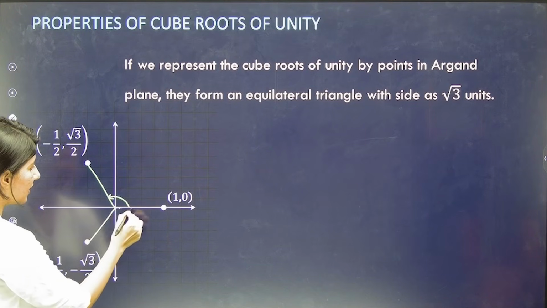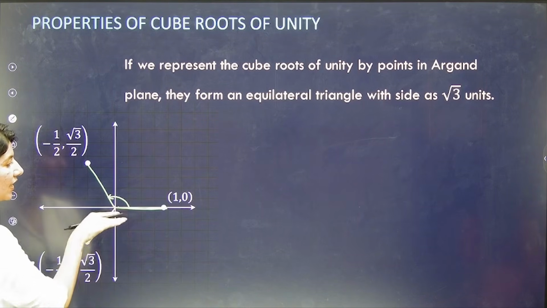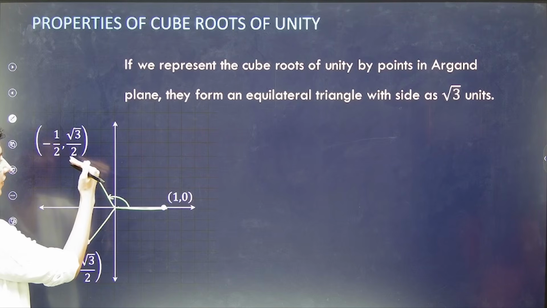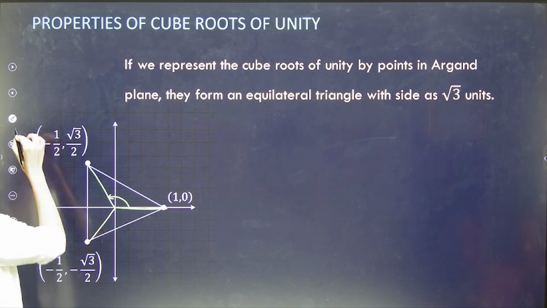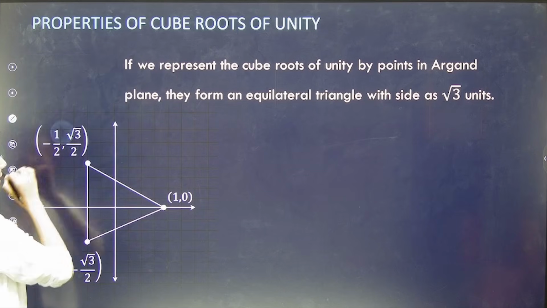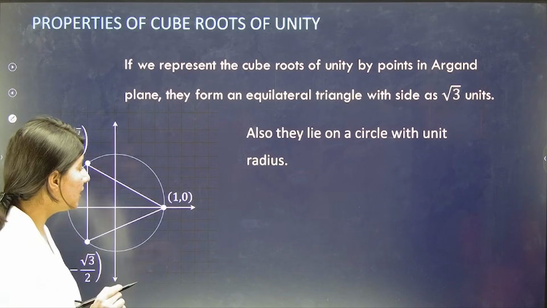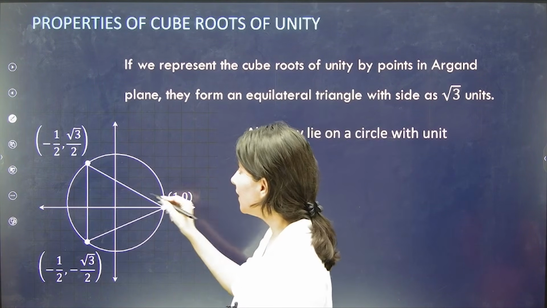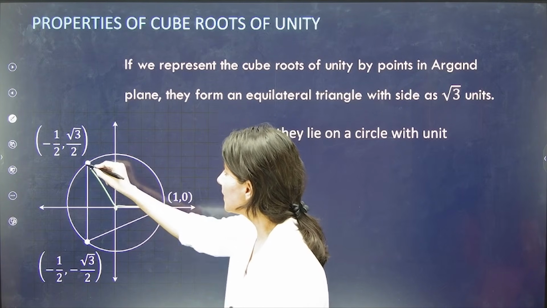So if you see, these 3 are the lines. This is having 0 degree angle with the real axis, this having 2 pi by 3 angle with the real axis, and this having 4 pi by 3 as the angle with the real axis. If you join these 3 points, you will realize that this is forming an equilateral triangle, and the distance of the center from each vertex is 1.